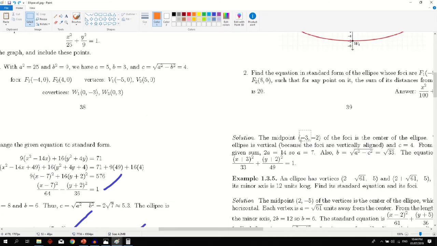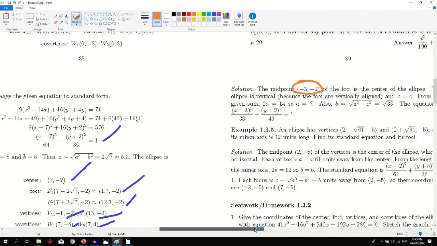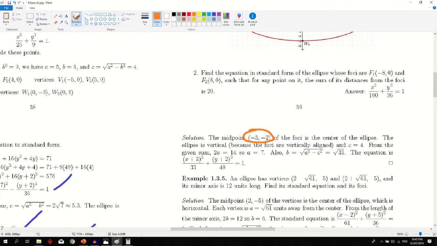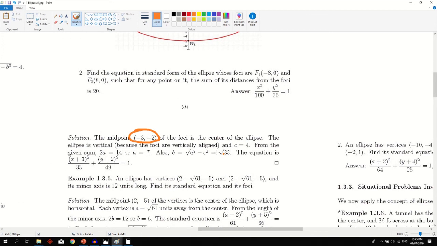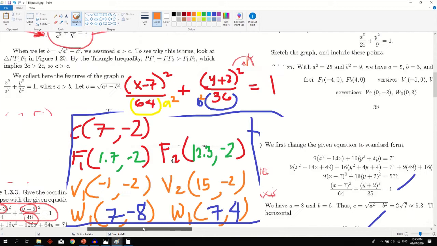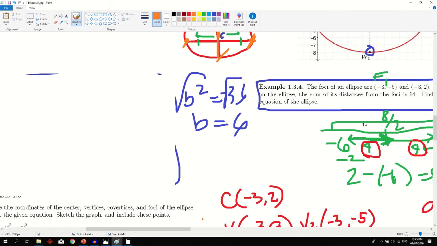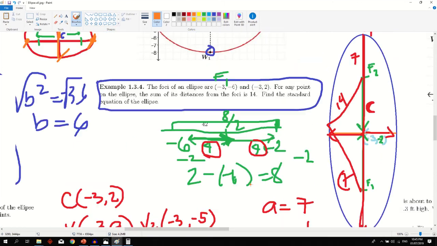So we will double check. Okay, so this is their midpoint, negative 3, negative 2. We will check if their answer is correct and why our answer is wrong. Okay, so focus 1, this is focus 2.